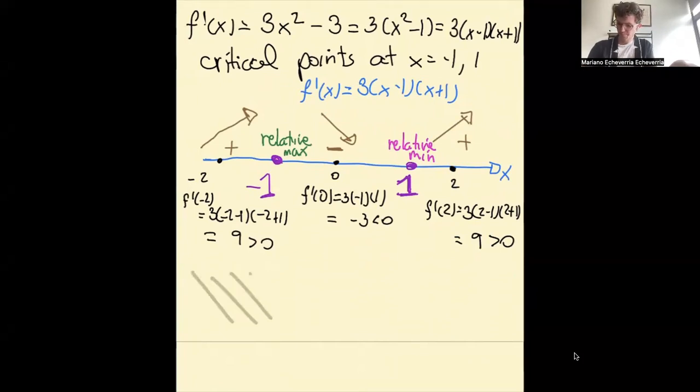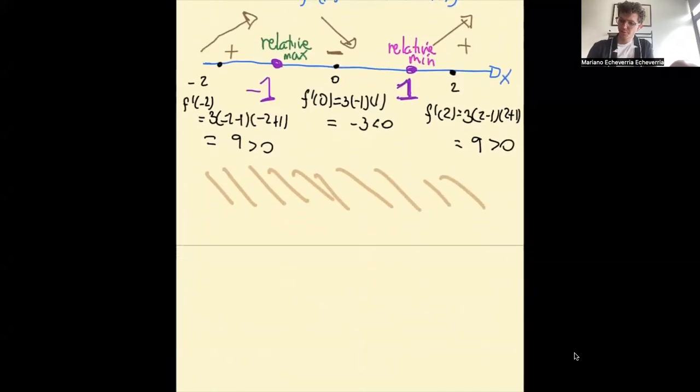Just as another example, let you do the other one. Remember example number 2, I had given you x times e to the x.